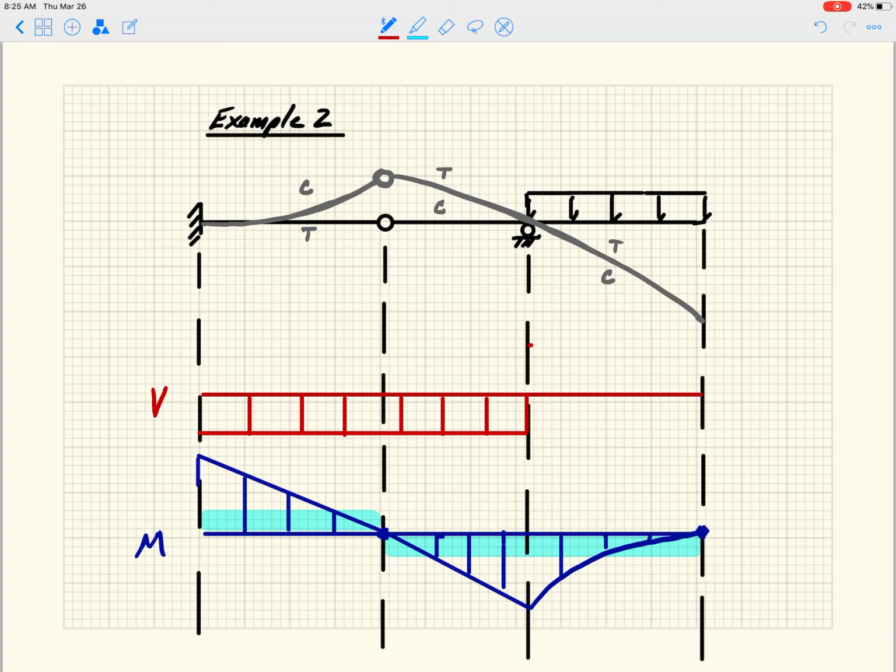And of course, we know that underneath a distributed load, the shear diagram has to be linearly varying. And so that's that. Again, no numbers. I don't know any of the numbers. I just know that this is what the shape should look like for this particular structure. Okay, and that's the shape of the moment and the shear diagram.